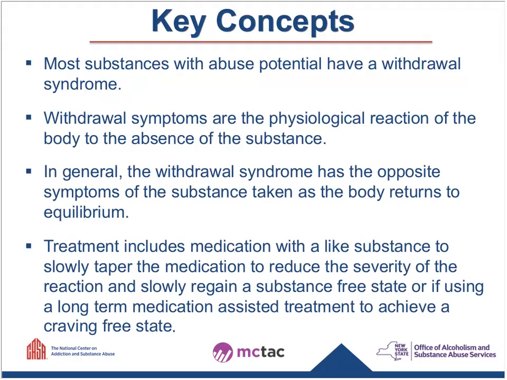In general, the withdrawal syndrome has the opposite symptoms of the substance taken as the body returns to equilibrium. And these facts really set the stage for treatment that includes medication. It makes the argument that this is a biological process to which medication can directly address.